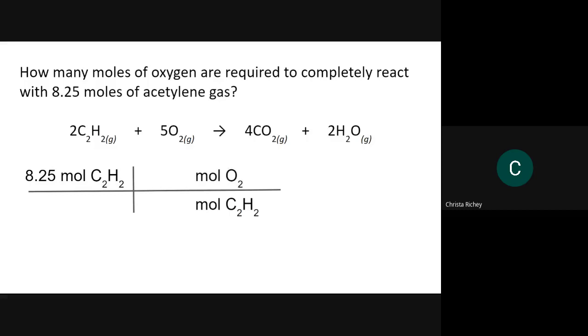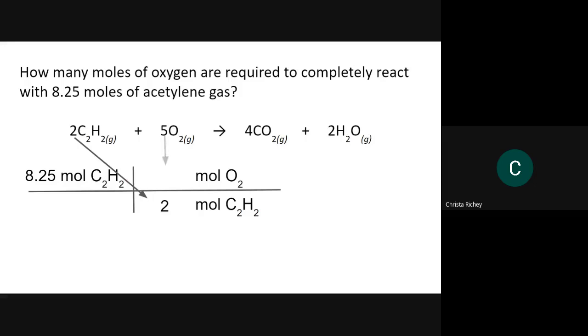Where do these numbers come from? I mean, this is what you start with. I've got moles here. What goes with the moles? Yeah, so the 2 in front of the acetylene in the equation is going to go in front of it.